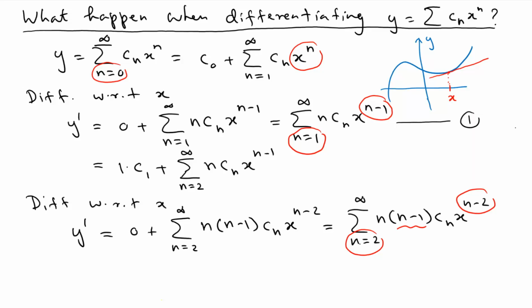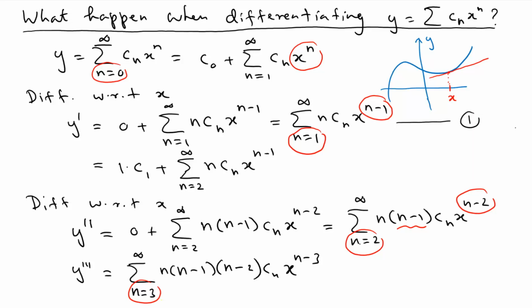Good. If you keep doing it, you can see this is actually not the first derivative, it's the second derivative. Now the third derivative: again the first term goes away, so you start with n equals 3, and you get n(n-1)(n-2) cn x^(n-3). Again, you see that this changes and that changes.